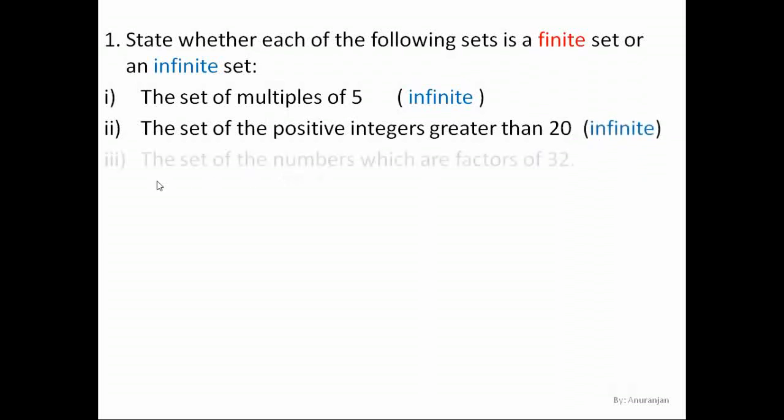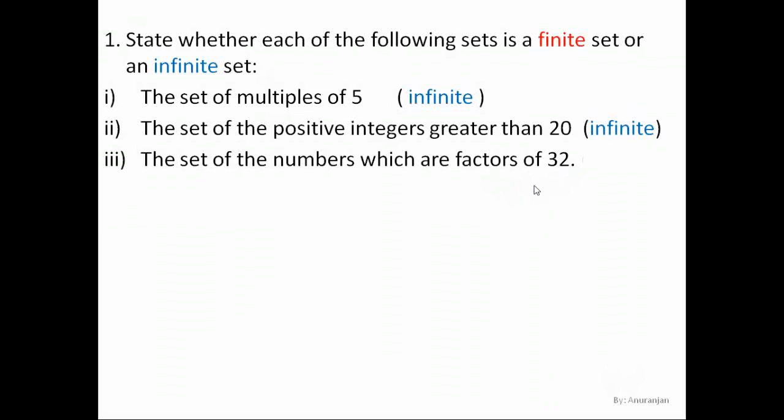Next, the set of the whole numbers which are factors of 32. Now factors of 32, maybe we can say that the smallest factor of any number is 1 and the largest factor of any number is the number itself.